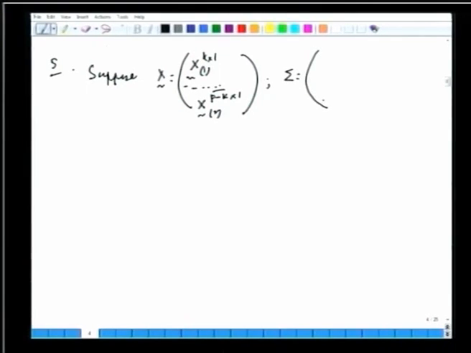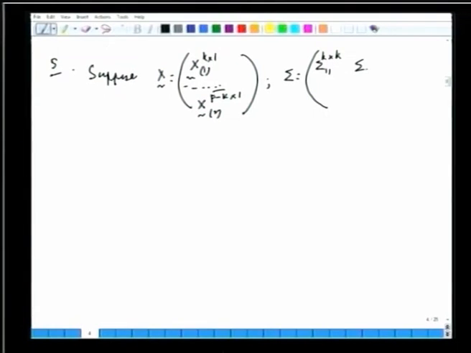So, this is now going to be partitioned in the form where the first element is no longer a scalar, it is again a matrix. Let us call it sigma 1 1, it has to be of dimension k, because this is the variance covariance matrix of all the k variables included in the first sub vector x1.